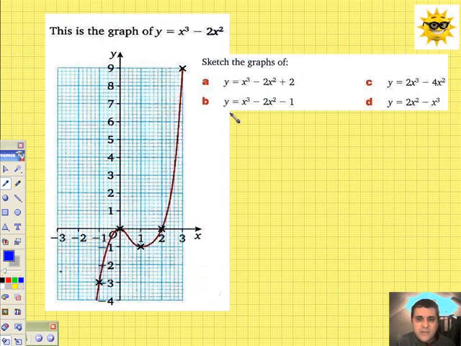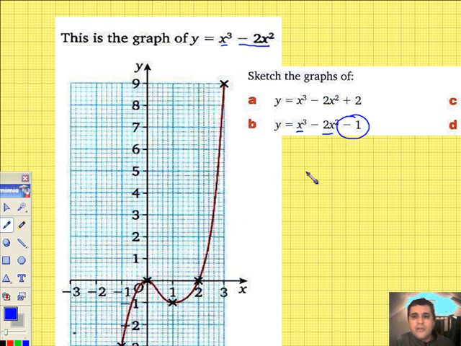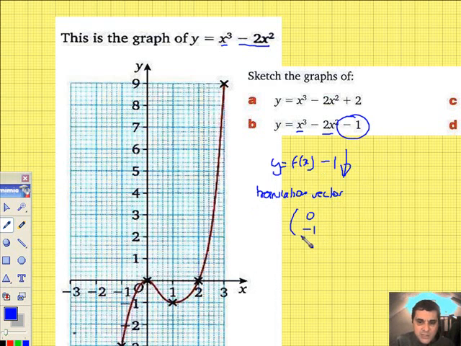The next one, fresh page, x cubed matches, minus 2x squared matches, minus 1 is the operational bit. So I'm looking at y equals some sort of function of x, and then take away 1. Essentially drop the graph down, and again I'm going to be using a translation vector (0, -1), which means drop the graph down 1 unit.